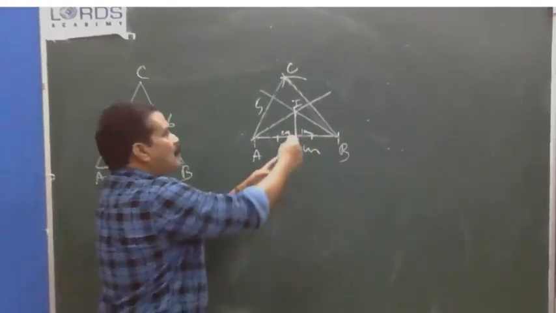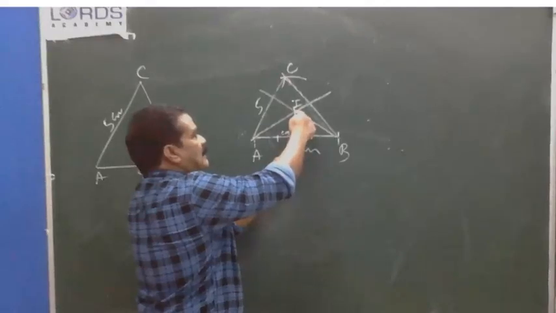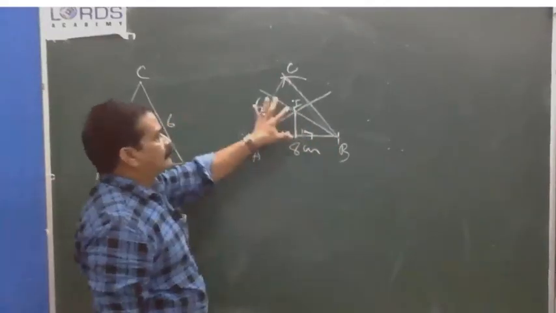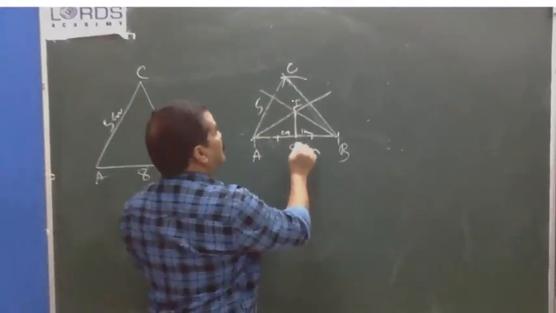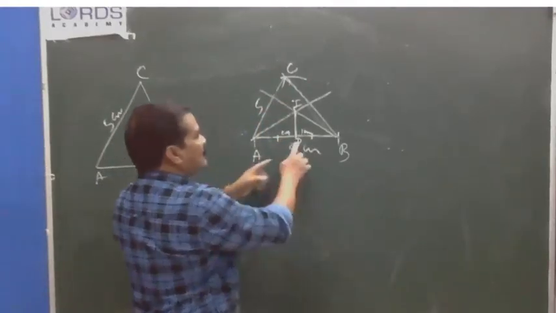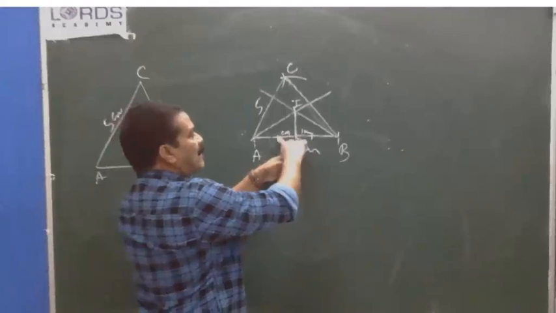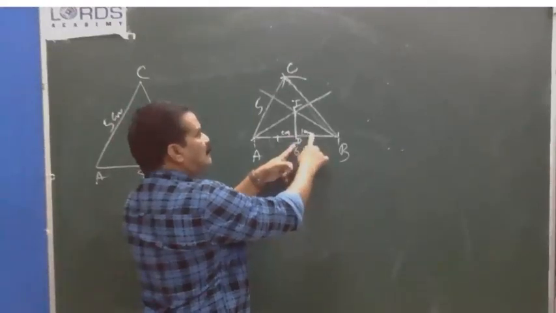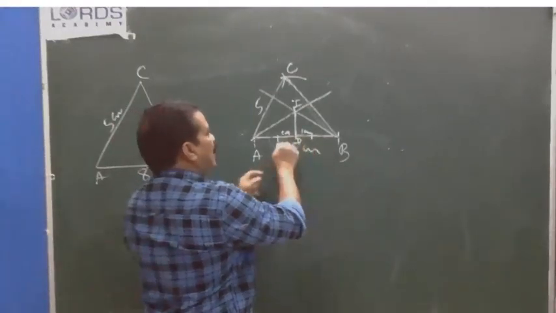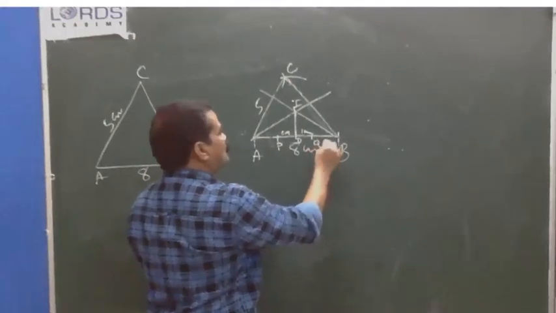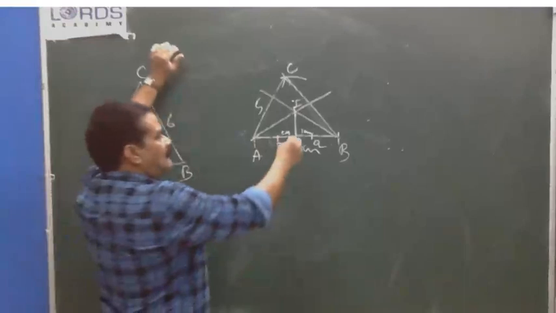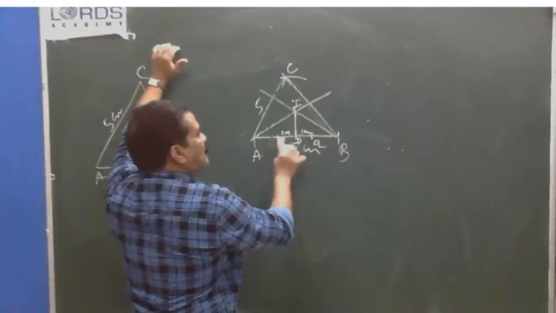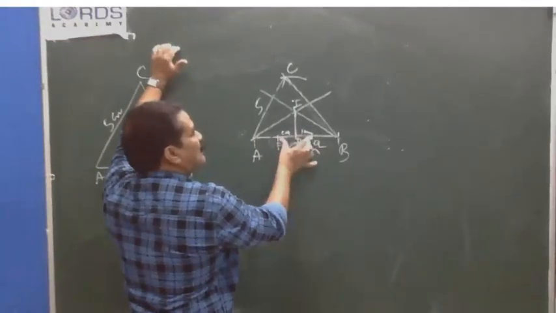First, you draw a perpendicular from the incenter to any one side. Let that foot be D. From this D, you take 1 centimeter to the left and right. Let them be P and Q. Then the total is 1 plus 1, 2 centimeter.